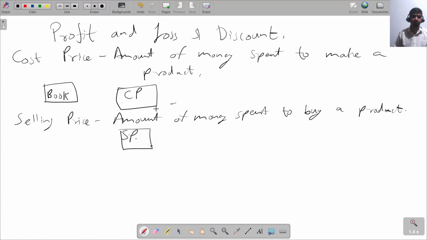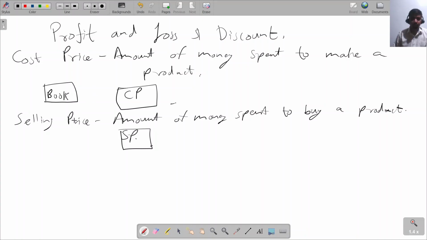I'll explain. Suppose you're making a book. How much was spent to make the book is called cost price. And suppose you are a shopkeeper selling that book for some amount. If the consumer is buying the book, at how much price the book was sold is called selling price.